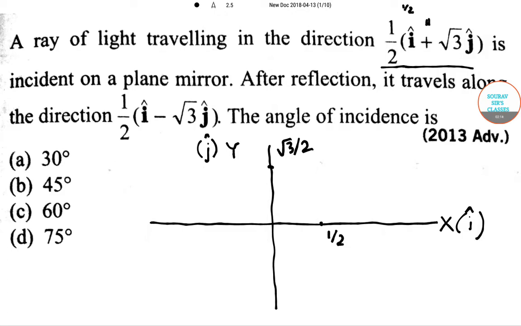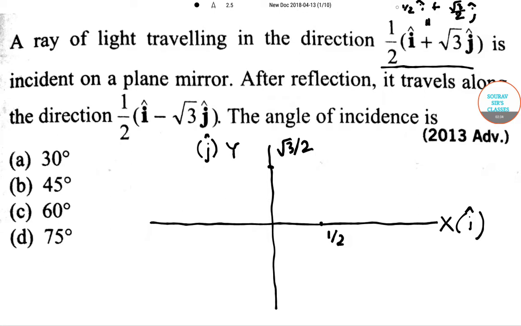half of i cap plus root 3 divided by 2 of j cap.